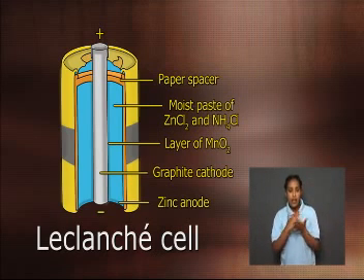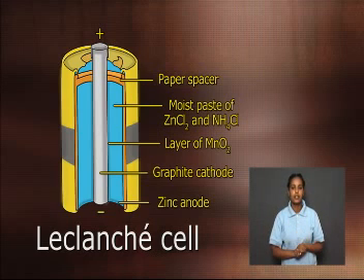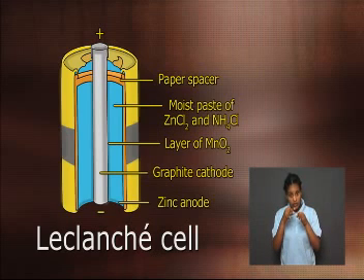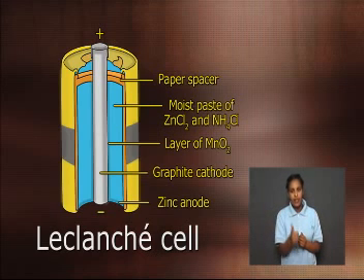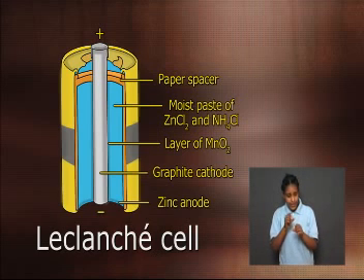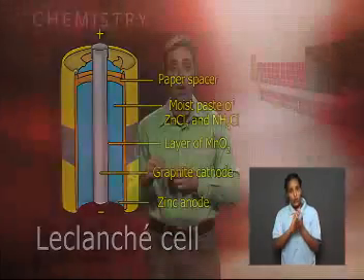some disadvantages. Firstly, if the current is drawn from the battery very rapidly, the gaseous products cannot be consumed immediately. Therefore, the cell resistance increases and the voltage will drop.